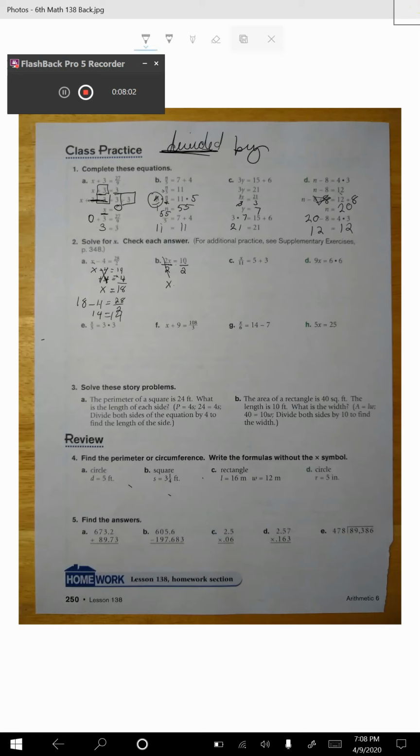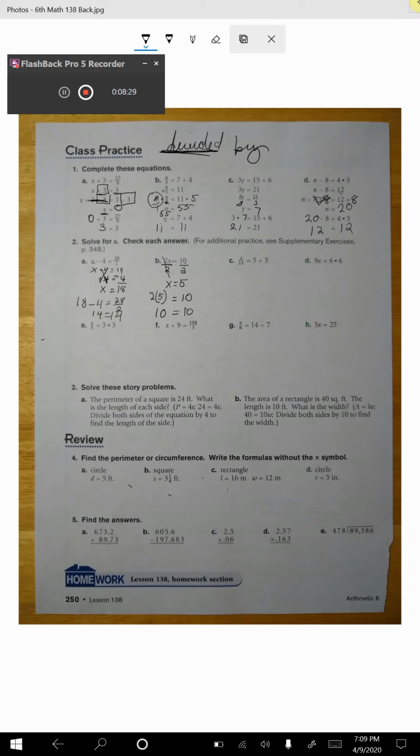You're left with x. 10 divided by 2 is 5. All right, let's put it in its place. I'm going to put it in parentheses. You can put the dot if you want. There's the original problem with the 5 put in the place of the x. 2 times 5 is 10 equals 10.